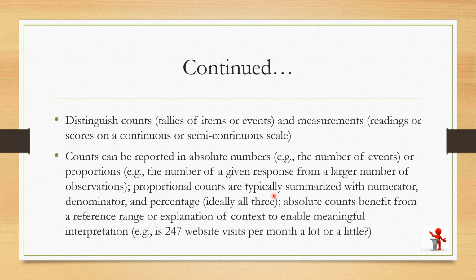Proportional counts are typically summarized with numerator, denominator, and percentage. Ideally, all three. Absolute counts benefit from a reference range or explanation of context to enable meaningful interpretation, such as, is 247 website visits per month a lot or a little?